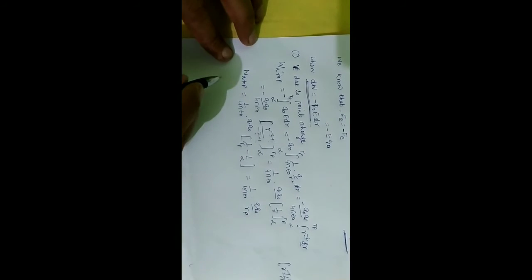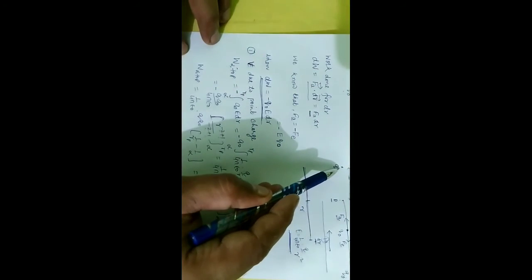So electric potential due to a point charge becomes, since it is a point charge, the electric potential due to this point charge at a point P is equal to the amount of work done to bring a charge from infinity to P per unit test charge. So you have to divide this relation by q naught. So 1 upon 4 pi epsilon naught q divided by Rp. So this is your electric potential due to a point charge.